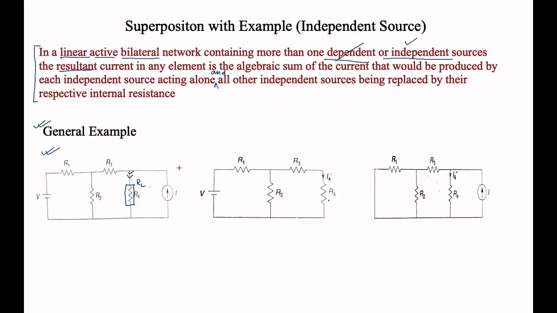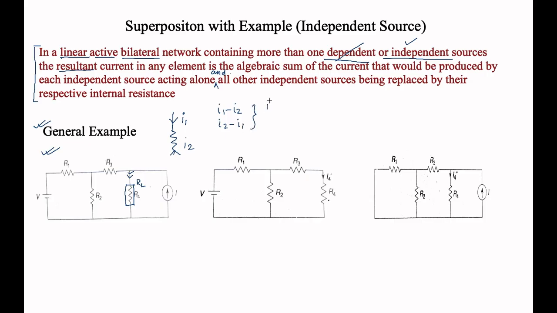If the voltage source supplies current I1 in the downward direction, and the current source supplies current I2 in the upward direction, then the resultant current is I1 minus I2 or I2 minus I1, depending on which is greater.